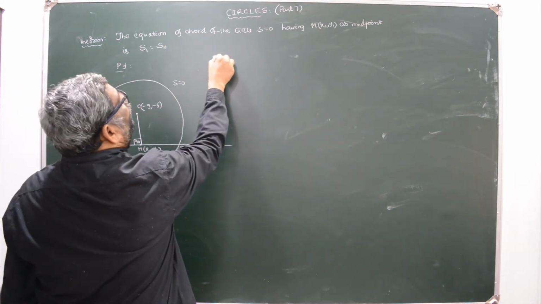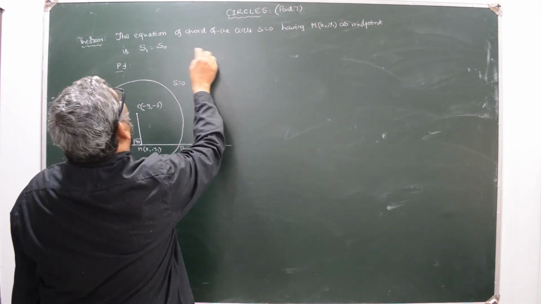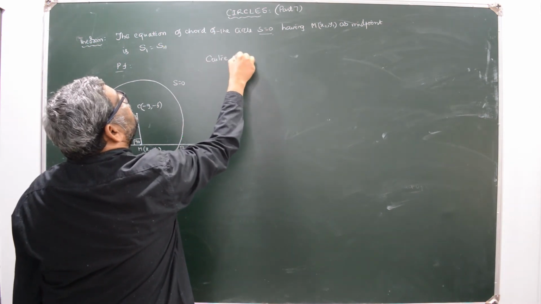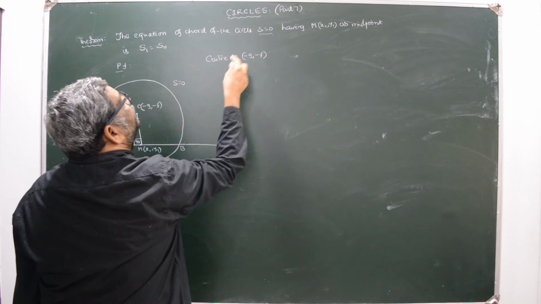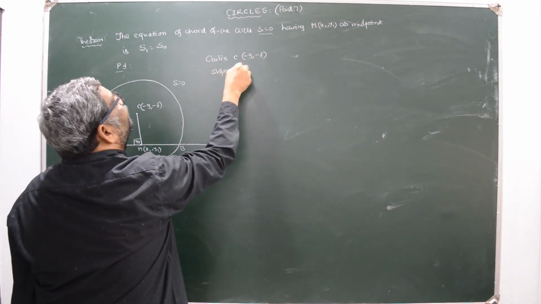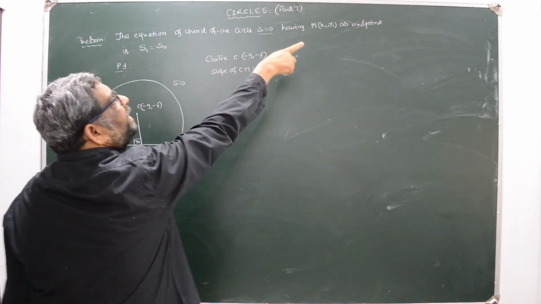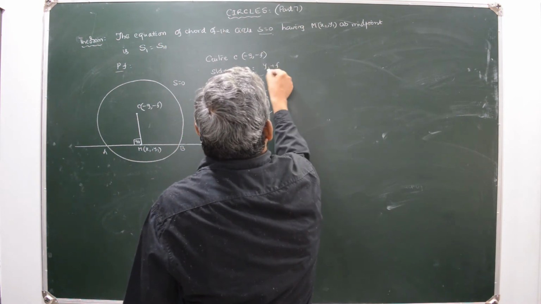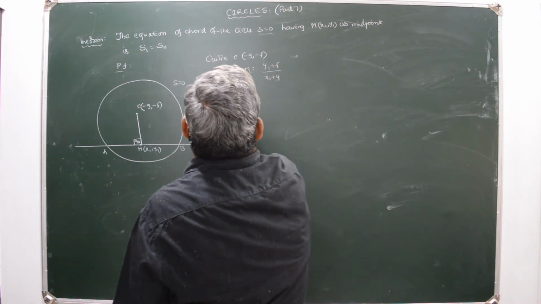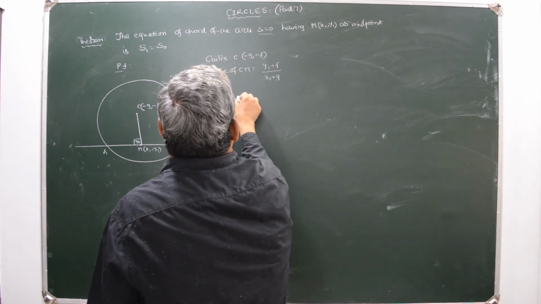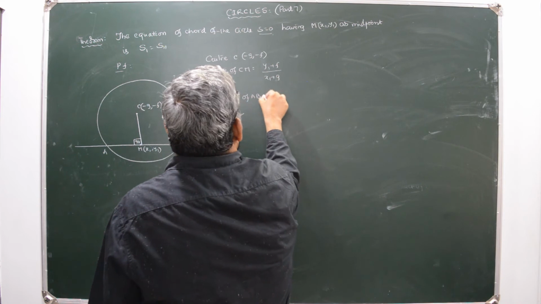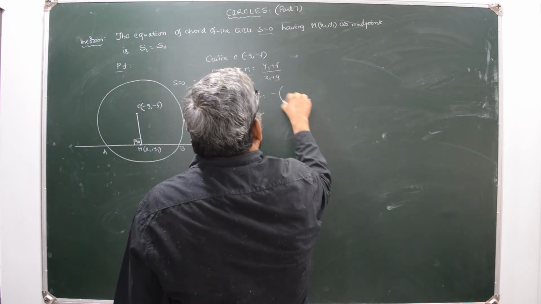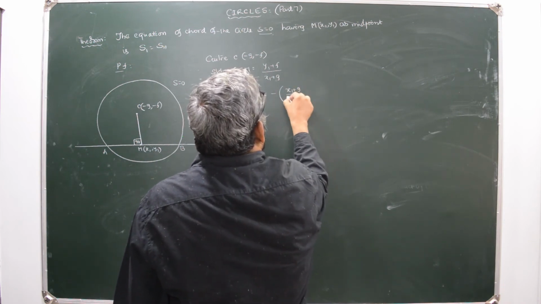For that, the circle is S equal to 0, with center C (-g, -f). Slope of CM. What is M? Already M is given as the midpoint there. So slope of CM is (y1 + f)/(x1 + g), which implies slope of AB is equal to minus of (x1 + g)/(y1 + f).